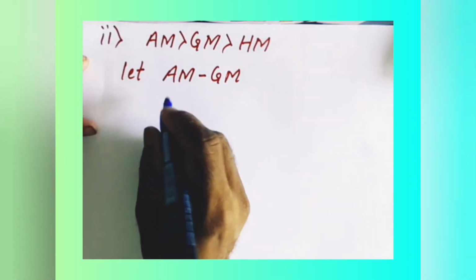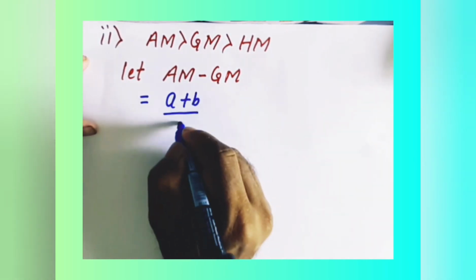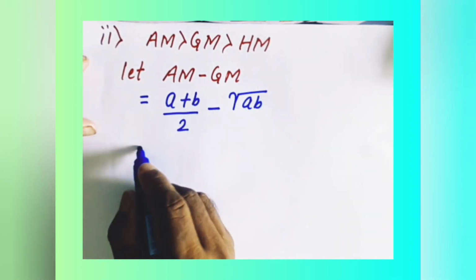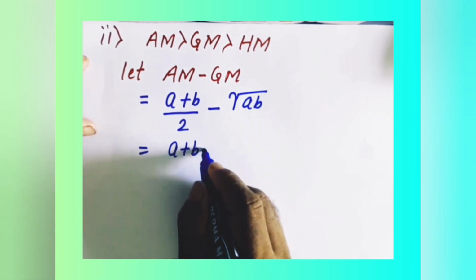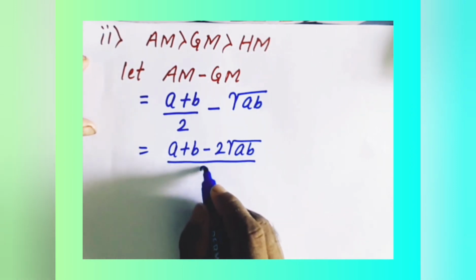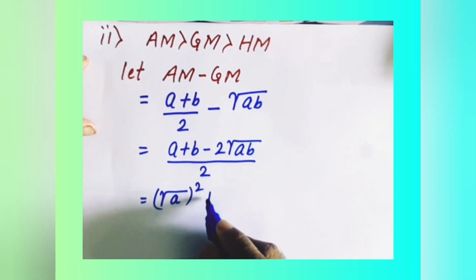AM we have already written, that means (a plus b) by 2, minus GM, root over ab, the geometric mean. Now taking the LCM of these two, we get (a plus b minus 2 root over ab), this whole upon 2.